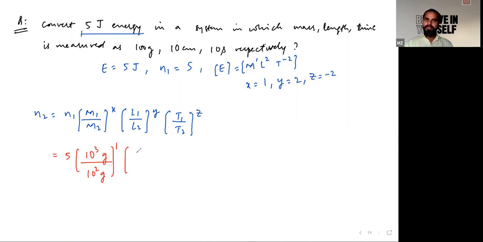Similarly, L1 is in terms of meter, so if you convert it in terms of centimeter, it will be 10 to the power 2 centimeter. L2 would be just 10 centimeter, whole to the power y, which is equal to 2. Similarly, time 1 second divided by 10 second and whole to the power z, which is equal to -2. Now try to simplify it.